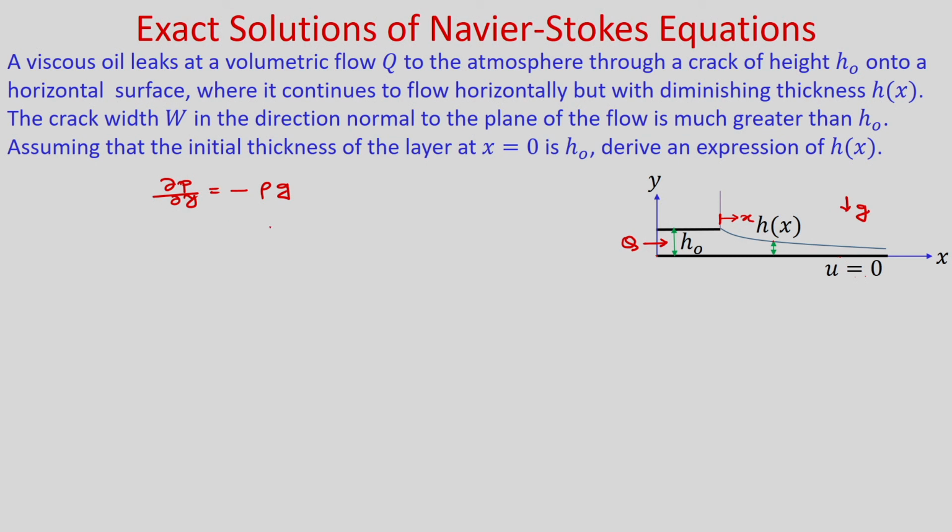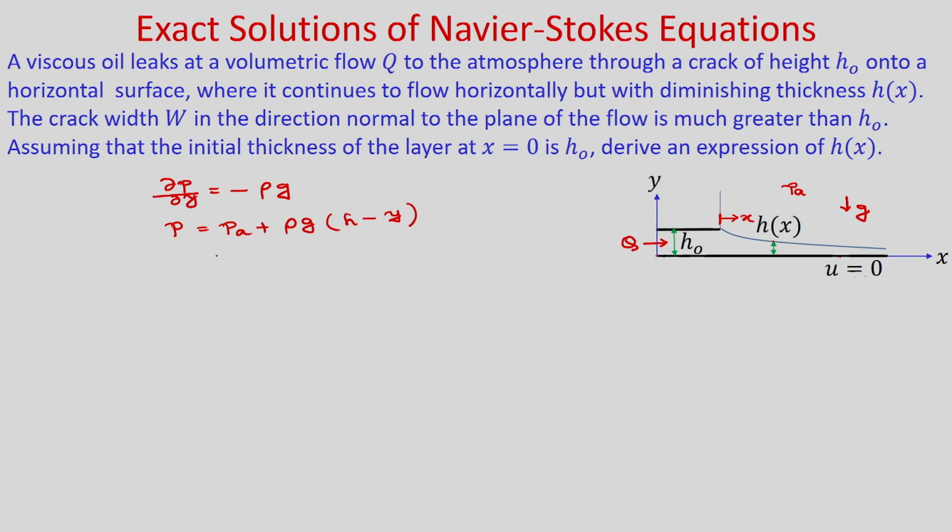So, del p by del y will be minus rho g, and the pressure, if you integrate it, you will get atmospheric pressure. So, this is your P A, then you can write P A plus rho g into h minus y. Okay.